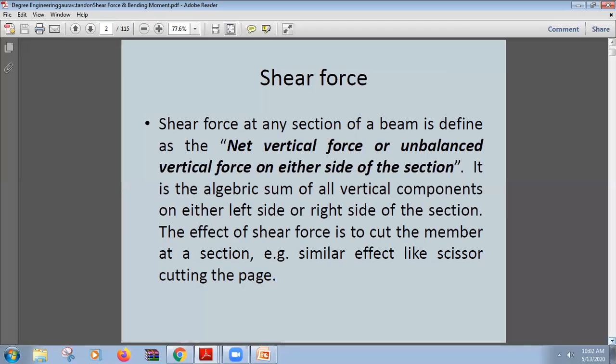On some sections there are forces that are not balanced. These forces are known as shear forces, and they try to tear the beam off into parts. So this is the shear force: the net vertical force or unbalanced vertical force on either side of the section.